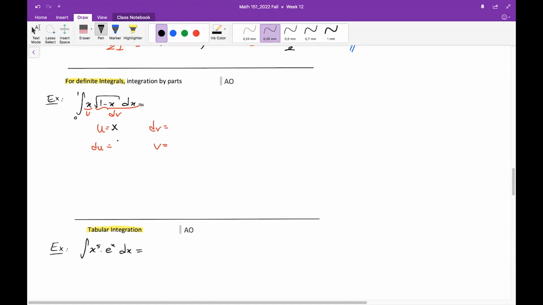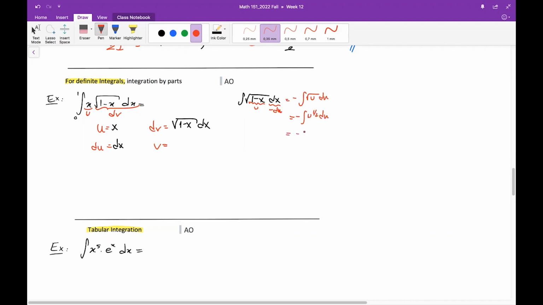Okay, u is x, du is dx then. This is what we have for dv, and the integral of this expression is what? Okay, let's try to handle it separately here. We want to integrate this, and you can use substitution. If this is u, then this is minus du. That's why the integral is square root of u du, so minus u to the power 1/2.